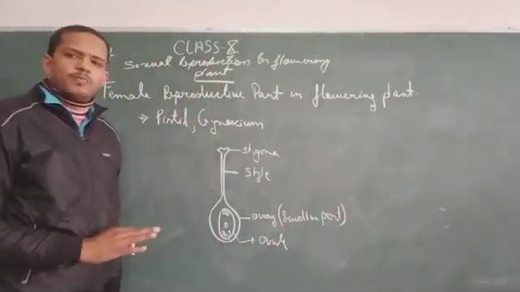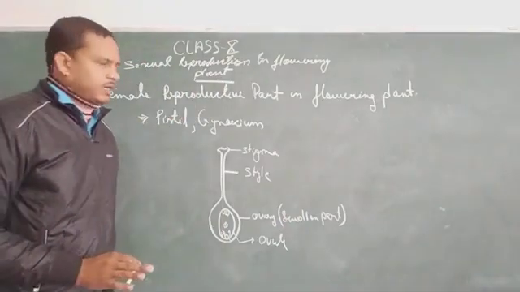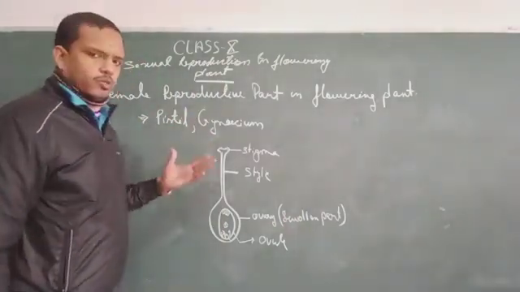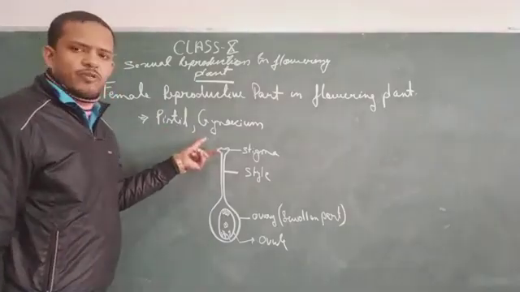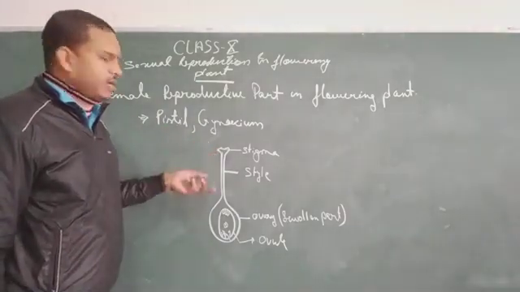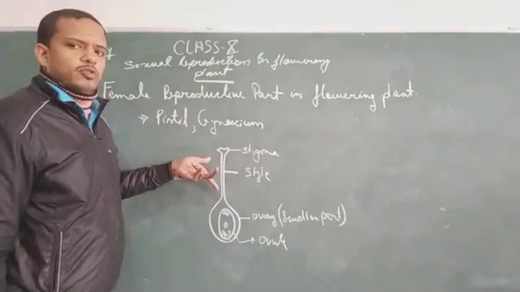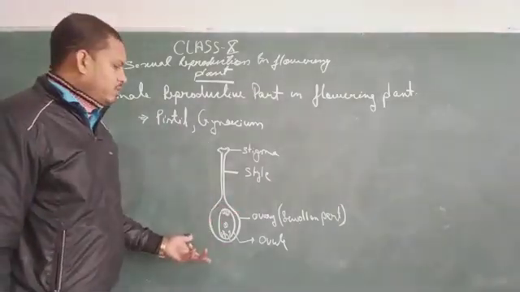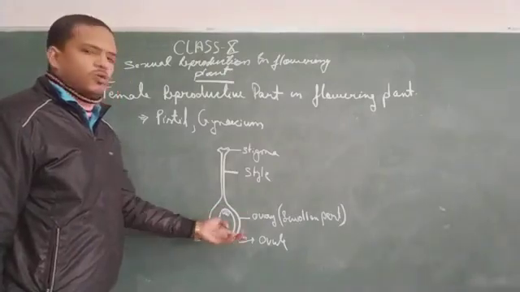These are the major parts of the female reproductive organ in the case of plants. That is the structure of the pistil or gynoecium. Topmost flat region is known as stigma, the elongated tube-like structure is known as style, and the swollen part is known as ovary, and inside the ovary are your ovules.